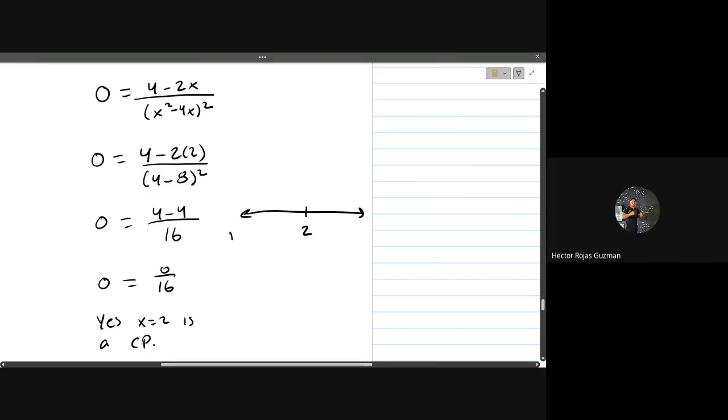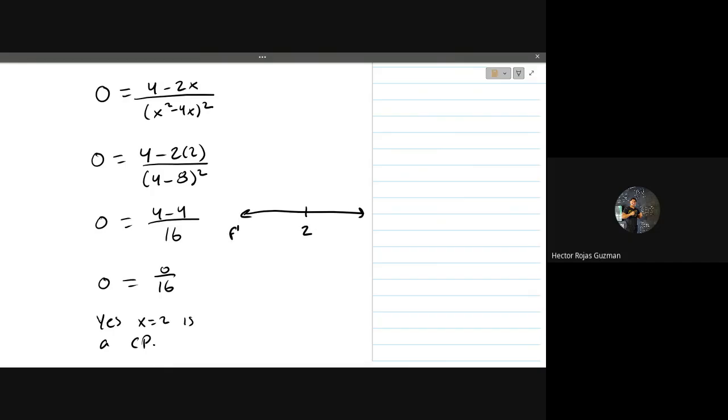When x is 2, what's going on with the derivative? Let me write the derivative right here so we have it in front of us. The derivative would be 4 minus 2x divided by x squared minus 4x. All right, let's plug in something. And then what would that be?